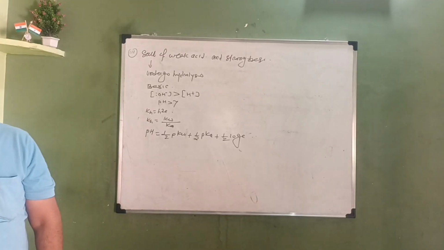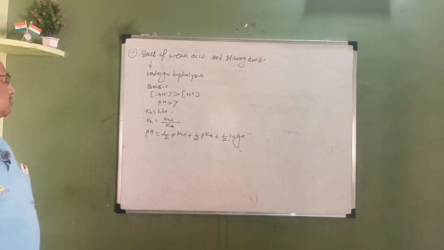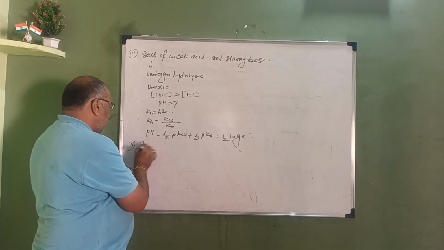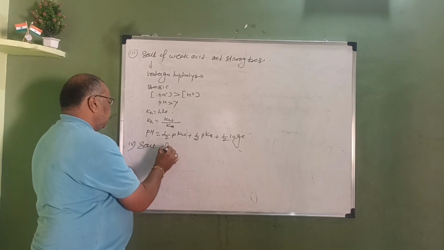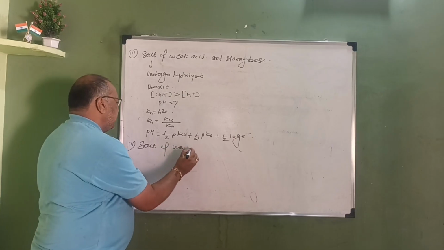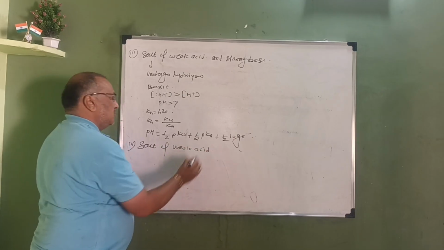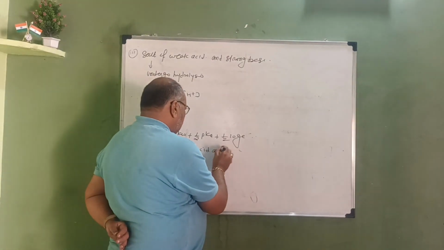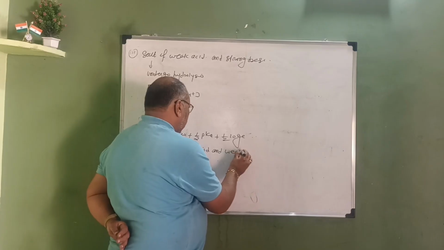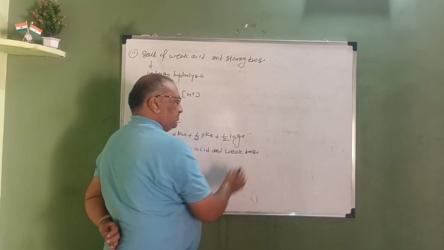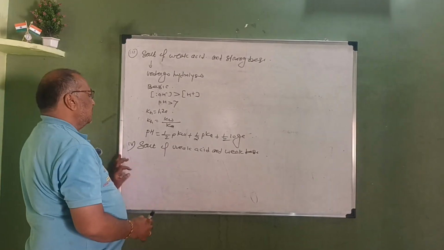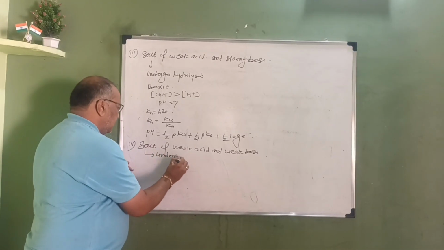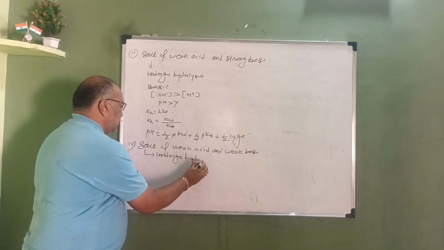Now here write down 4, salt of weak acid and weak base. Now here write down undergoes hydrolysis.